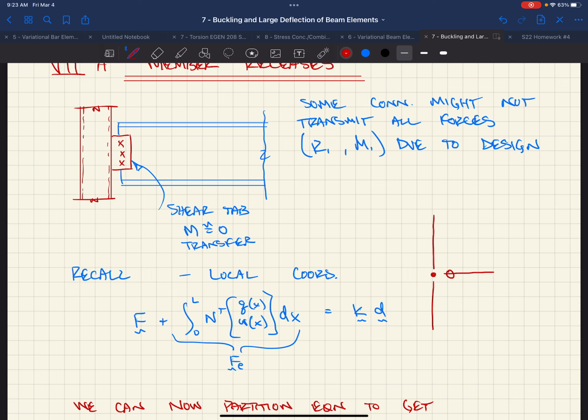Where hopefully we never see those. At service level, you'd never know the difference. Not to mention, there's probably so much overstrength in the connection to begin with. I mean, a shear tab takes a lot of load for your standard shear tab connection, right? Some of you have probably gone through, like when I first started, that was some of the stuff I did at the end of a project.